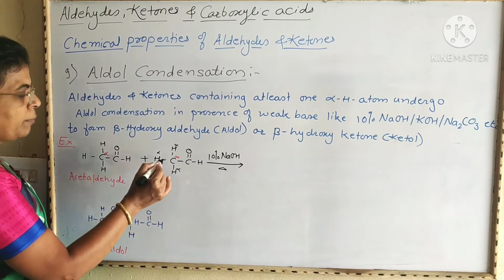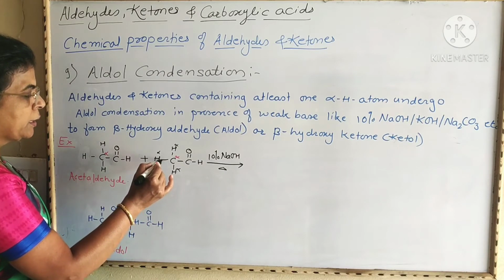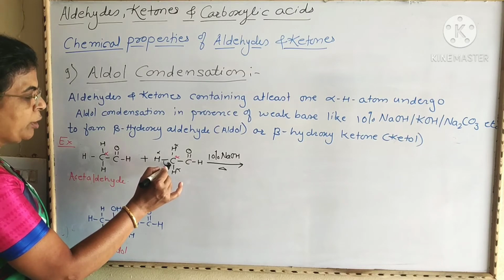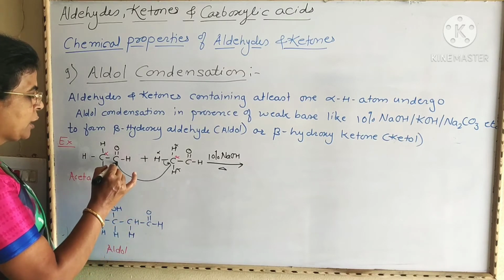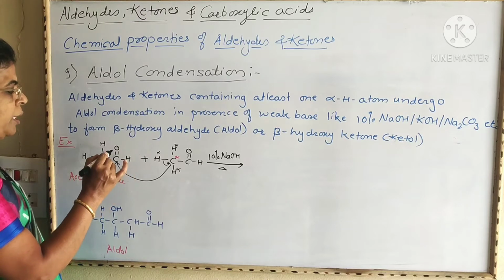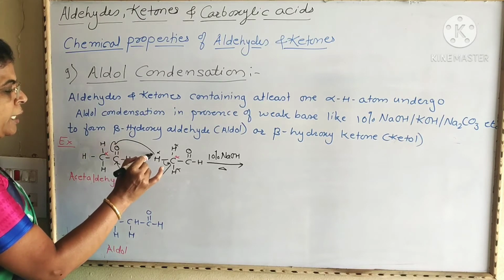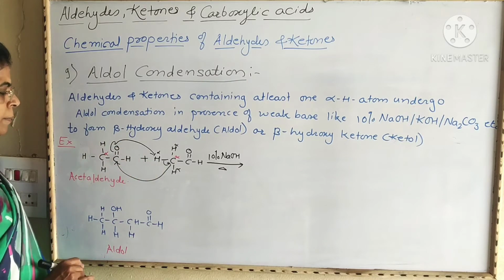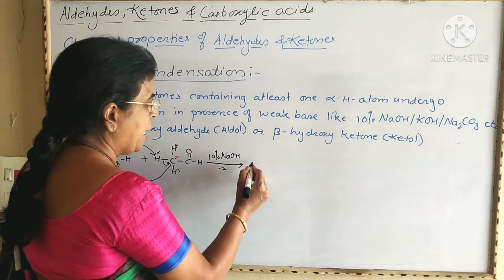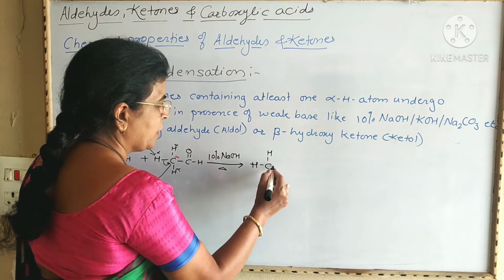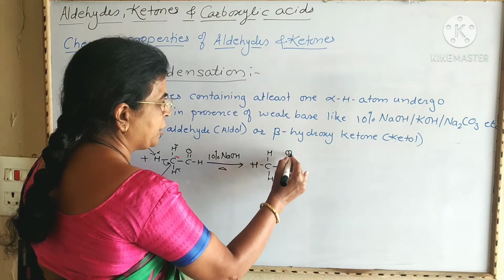Here breaking of this bond takes place. The electron pair gets shifted onto this carbon atom, and this negatively charged carbon atom gets attached to this carbonyl carbon. Then the electron pair shifts onto this oxygen atom, and this oxygen gets attached to this hydrogen atom to form CH3CH(OH).